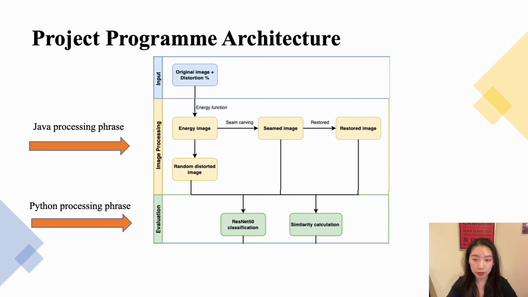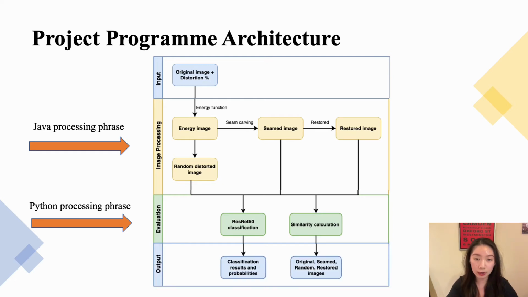Next is the evaluation part. ResNet50 is used to test the performance of machine learning. The similarity algorithm simulates human perception to evaluate the effect of restoration. And I also use similarity to compare the ability of machine learning with human perception in SIMD image respects. Finally is the output phase.